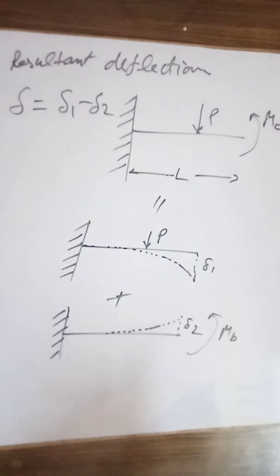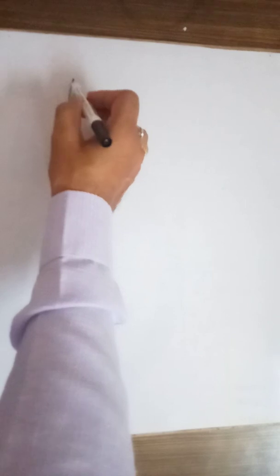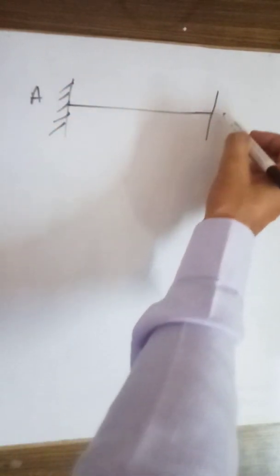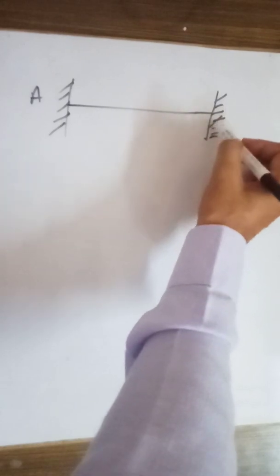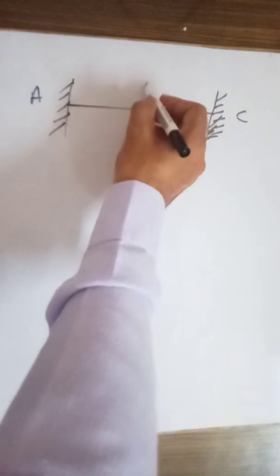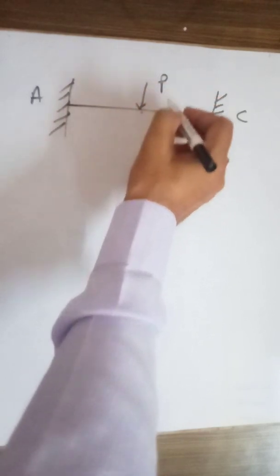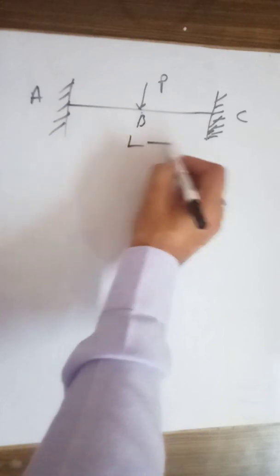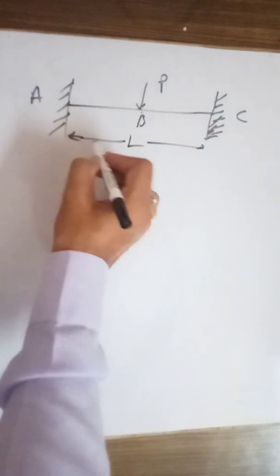So for an indeterminate system, let us draw another figure. Let's say it is a, and here it is fixed on this part. Let's say it's c, and the load is applied here, p, and this point we can represent by b, if l is the length of this beam.